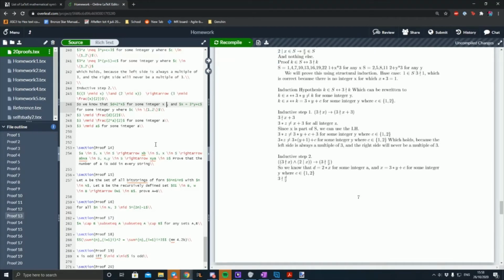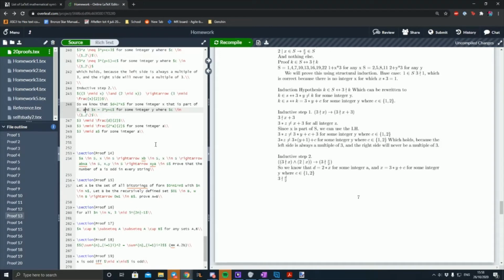So for some integer x that is part of S. And we have that d is 2 times x for some integer x in S.